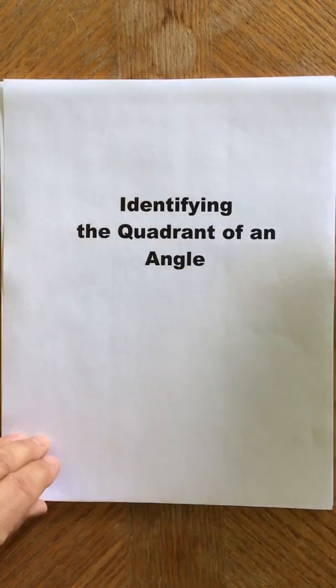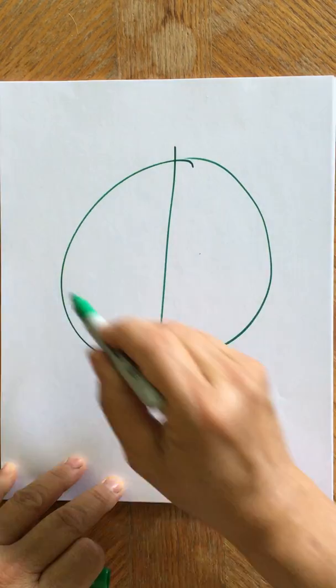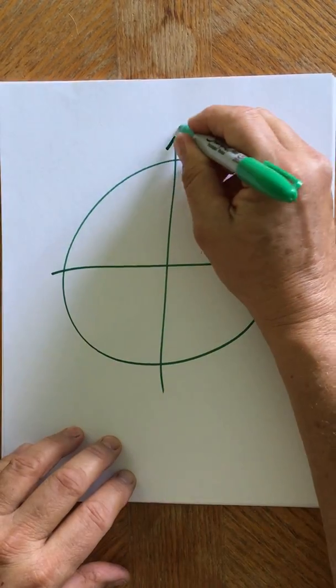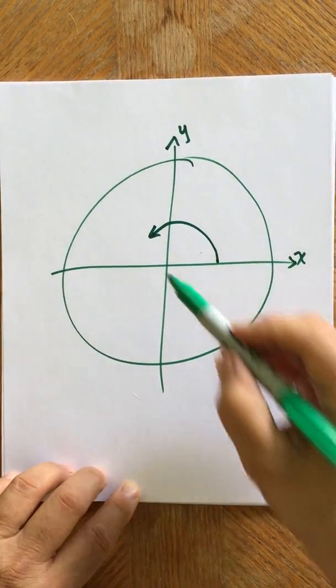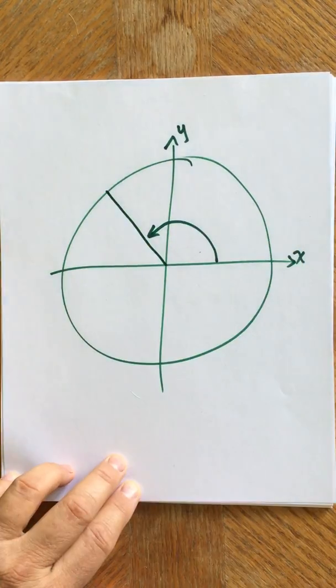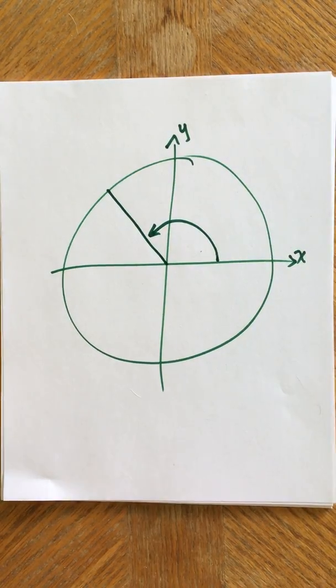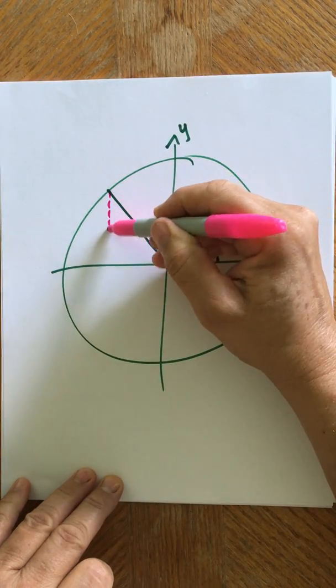Okay. So what happens when you start out with a circle, regardless of how much you rotate, let's say you rotate into some angle in quadrant 2, then the terminal side of that angle is here. And remember to draw the reference angle and triangle, you always drop to the x-axis.